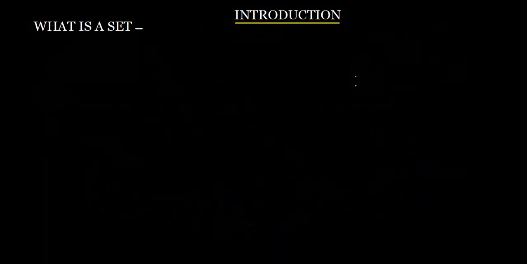So the first thing that we need to ask ourselves is, what is a set? A set can be just a collection of distinct elements, things that should be different, but they should be in a group.